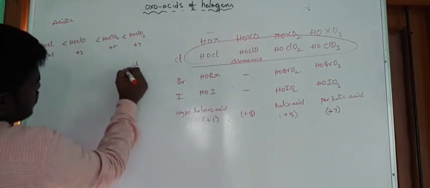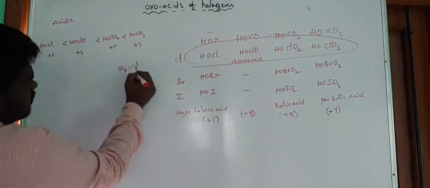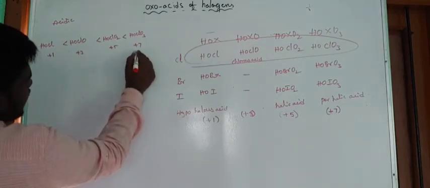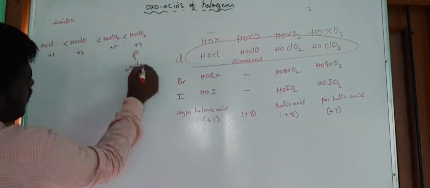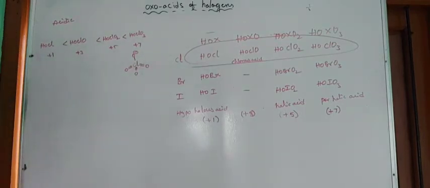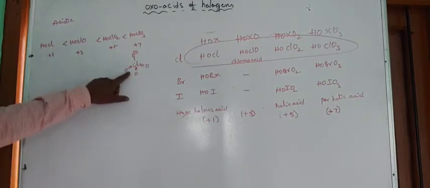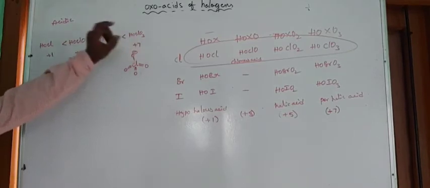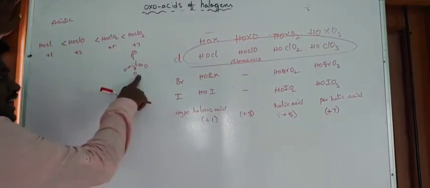Cl contains O minus, double bond O, double bond O, and double bond O. So this is the perchlorate anion, because this is what we obtain after removal of H plus from perchloric acid.